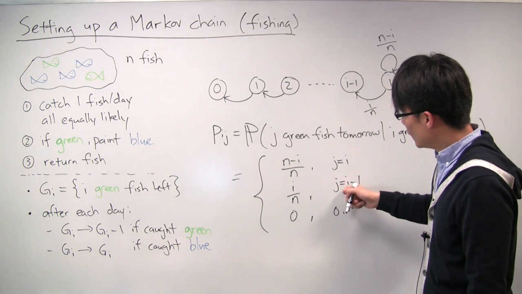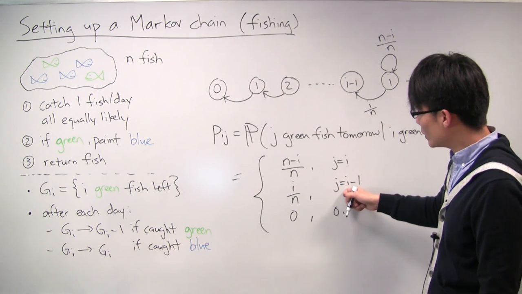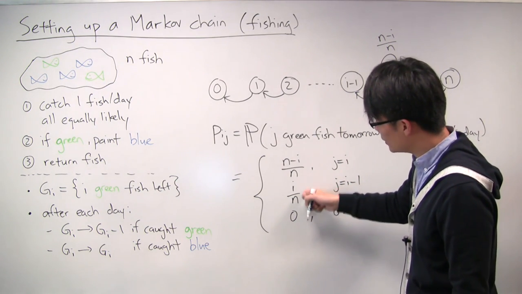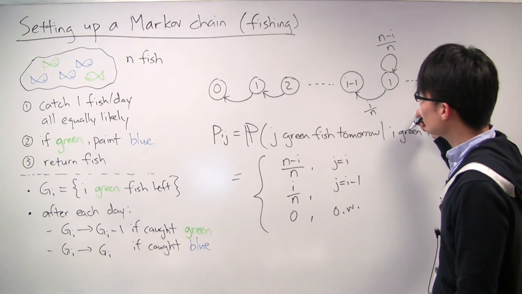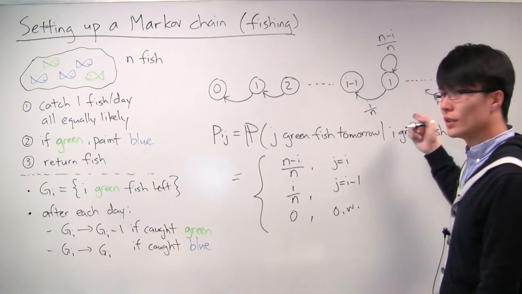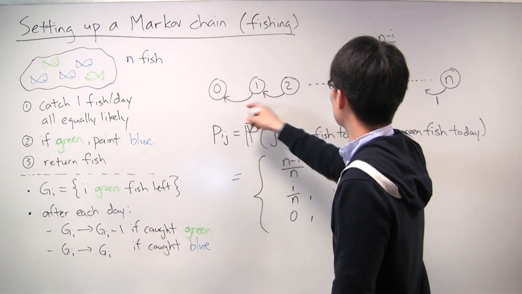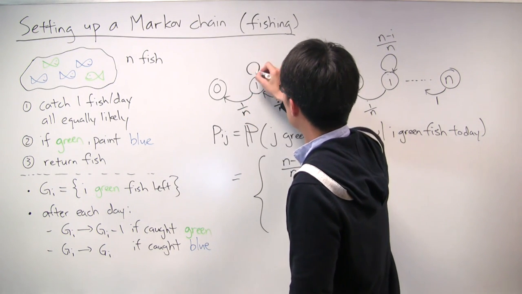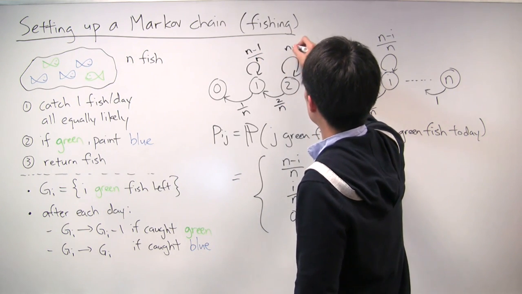Also, if i is n, the probability of transitioning to n minus 1 should be n over n, which is 1, and that's exactly what we argued here. So it seems like these transition probabilities do make sense. And if we wanted to, we can fill in the rest of these. So for example, this would be 2 over n, 1 over n, n minus 1 over n, n minus 2 over n.